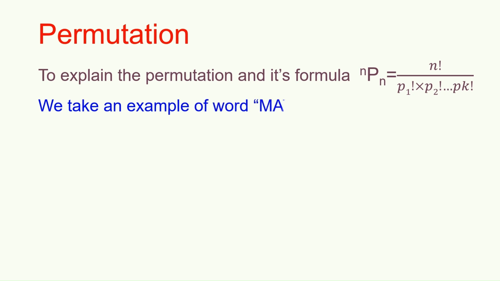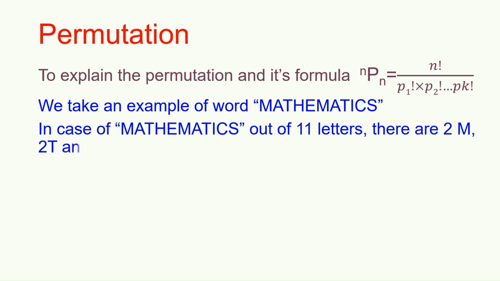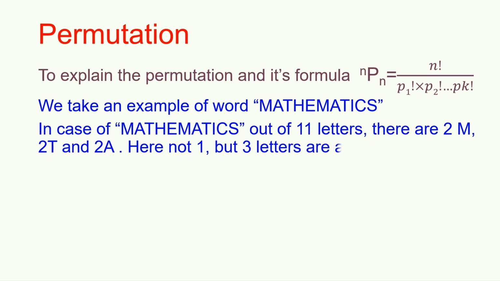To explain the permutation and its formula, we take an example of the word mathematics. In mathematics, out of 11 letters, there are 2 M, 2 T, and 2 A. Here not 1, but 3 letters appear twice.